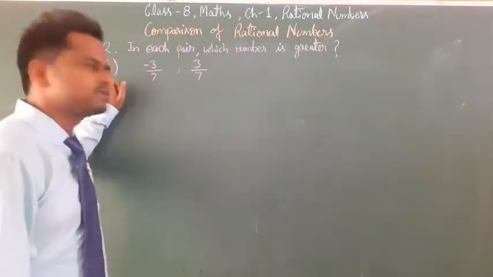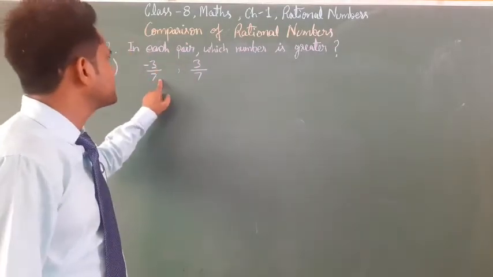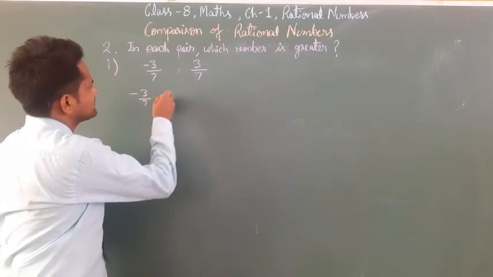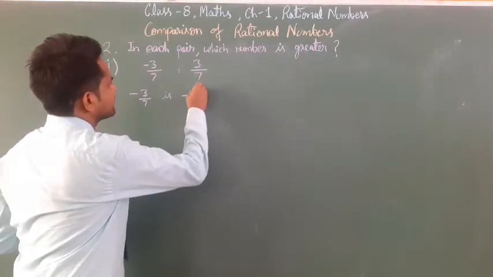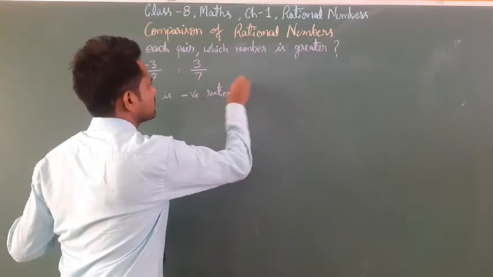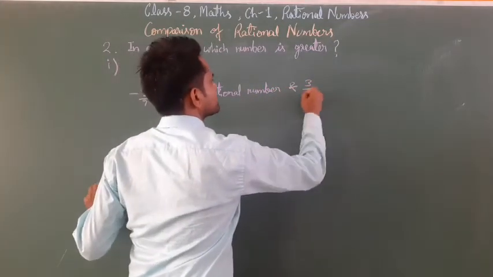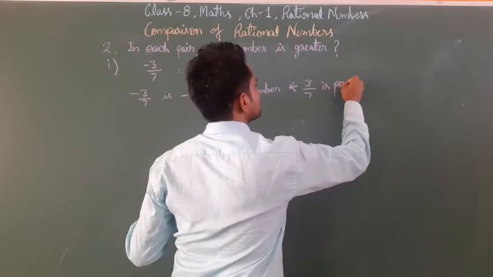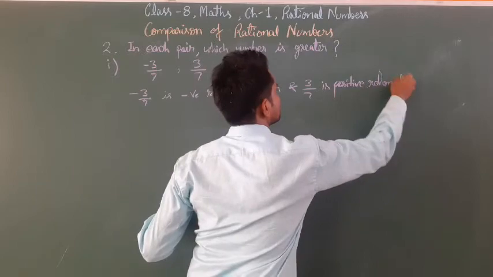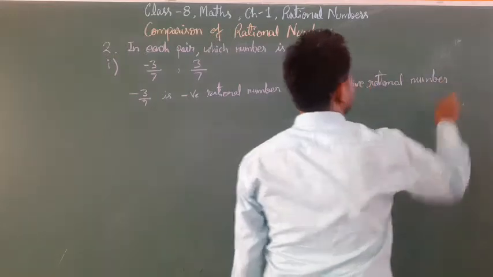Now question number 2 is, in each pair which number is greater? Minus 3 by 7 and 3 by 7. Here minus 3 by 7 is a negative rational number and 3 by 7 is a positive rational number.